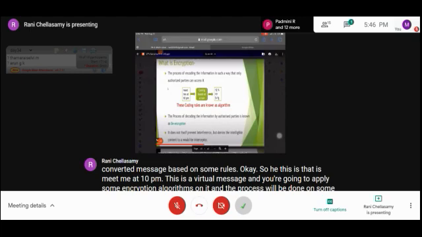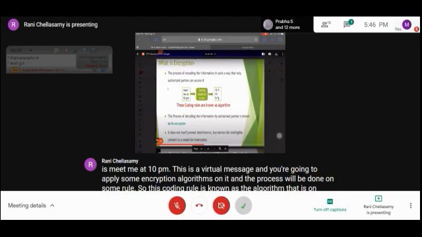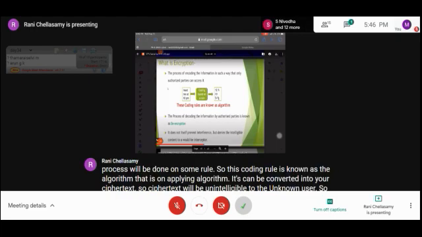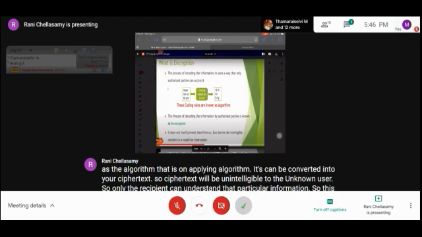So the ciphertext will be unintelligible to the unknown user. Only the recipient can understand that particular information. This rule is the encoded form, and only the person who knows how to decode it can get the intelligible information from this message.